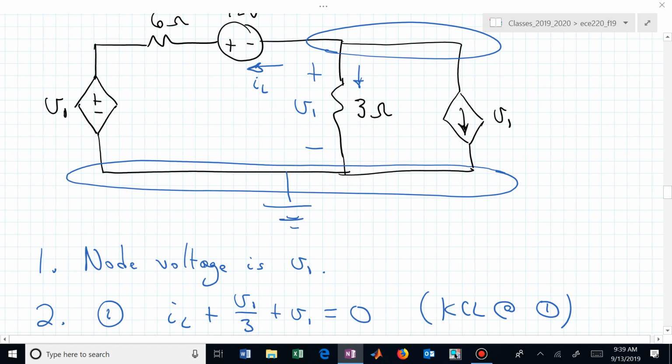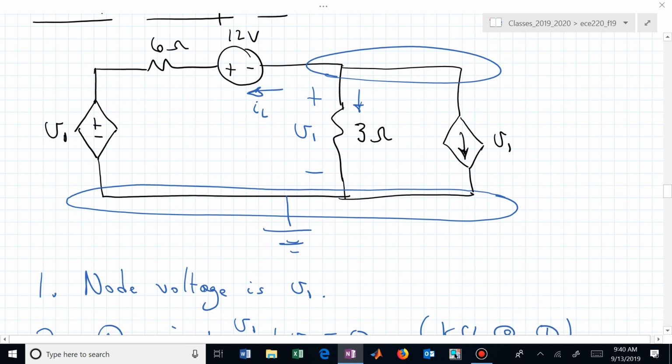Are we okay with that expression? But we introduced another variable, I sub L. We need to find that. And we can find that by hopefully maybe another formula, which could be a KVL around that leftmost mesh, because I sub L is in that loop.